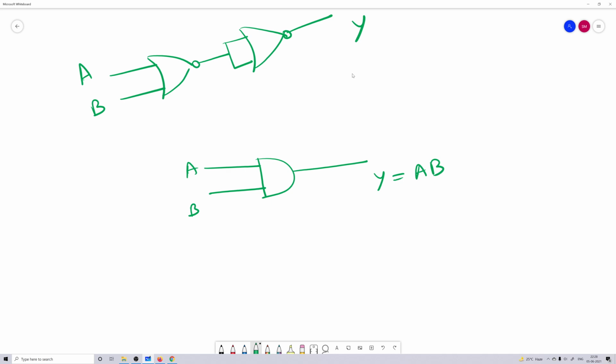Now, if we invert both inputs twice, then nothing will change because the inverters will simply cancel each other.